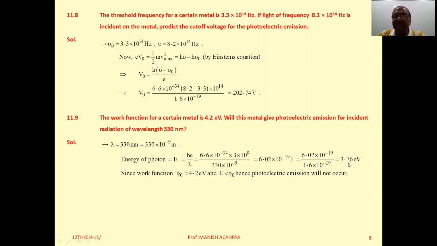Your answer will be 3.76 electron volt. But now see, this energy of photons is less than the work function of the metal. It implies that when this radiation is incident on the given metal, photoelectric emission will not be obtained. Clear to all of you?